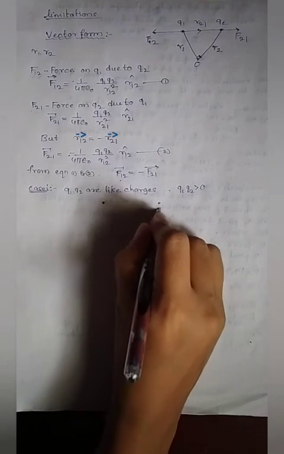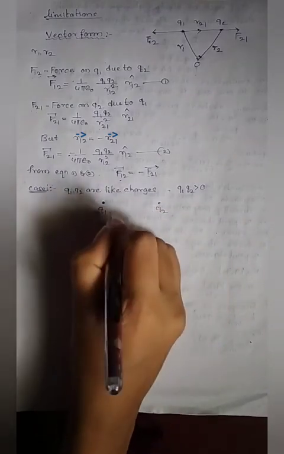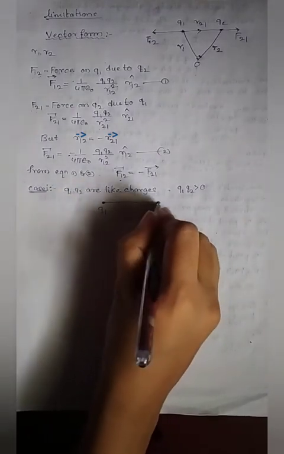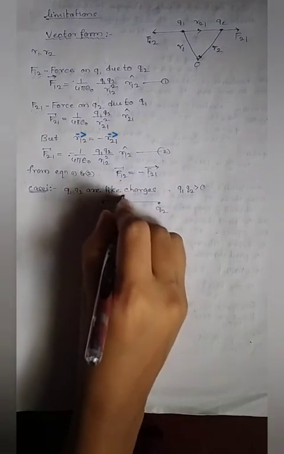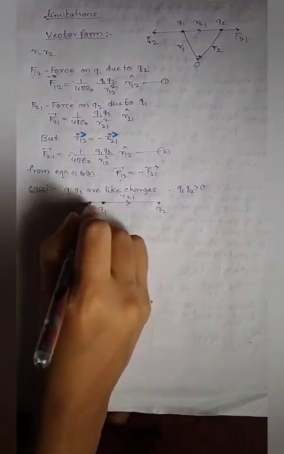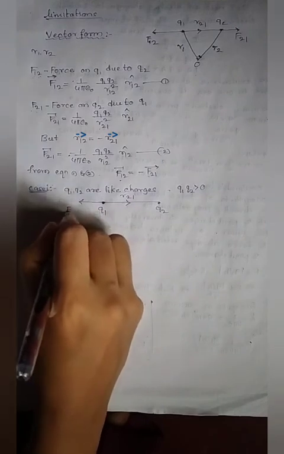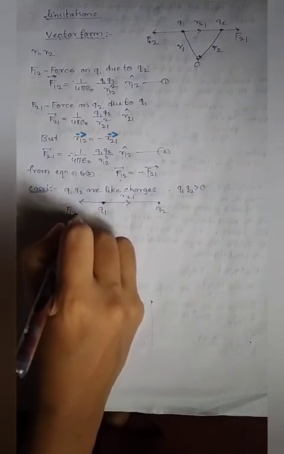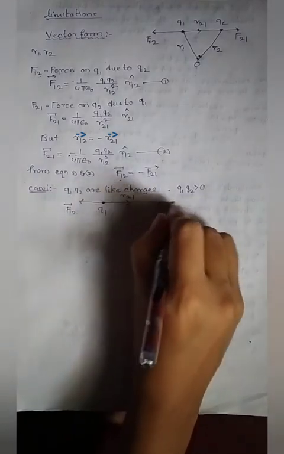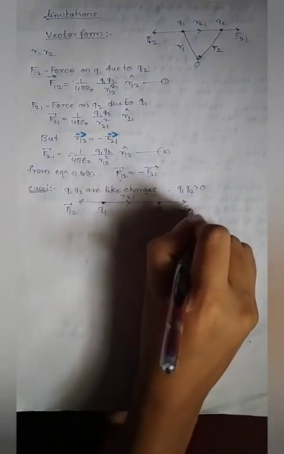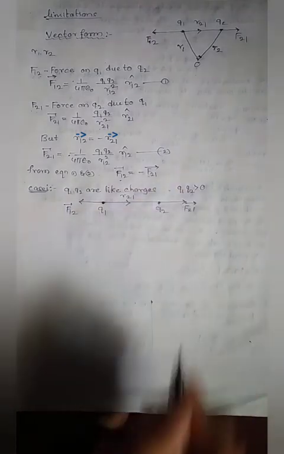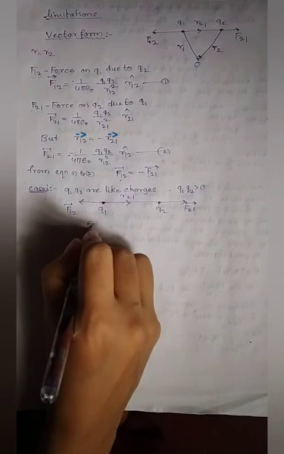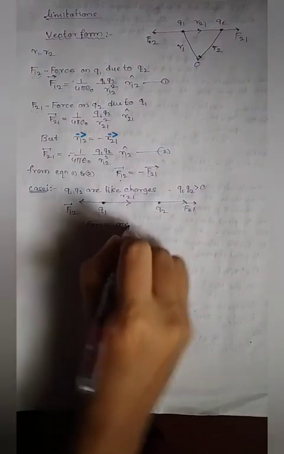Two charges Q1, Q2. So this distance is R21. We know like charges repel each other. Hence, this will be the direction of F12, and this will be the direction of F21, because like charges are always repulsive in nature, so here the forces are repulsive.